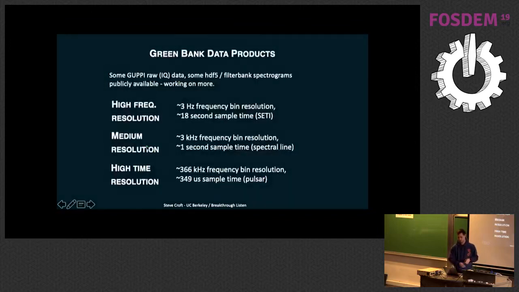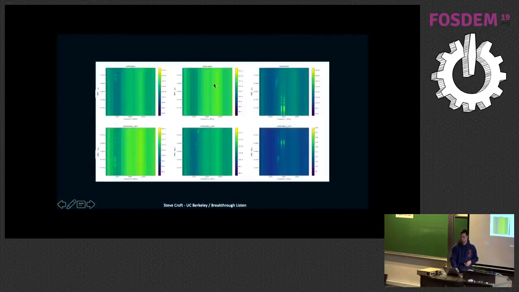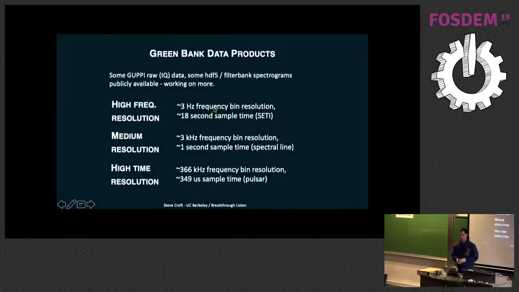So they have 3 different outputs. There's basically just time-frequency trade-offs here, and a lot of it is in this guppy, I think it's the Green Bank something pulsar data format, and some of it's HDF5 and these filter bank spectrograms. So my claim is that this kind of highlights why.